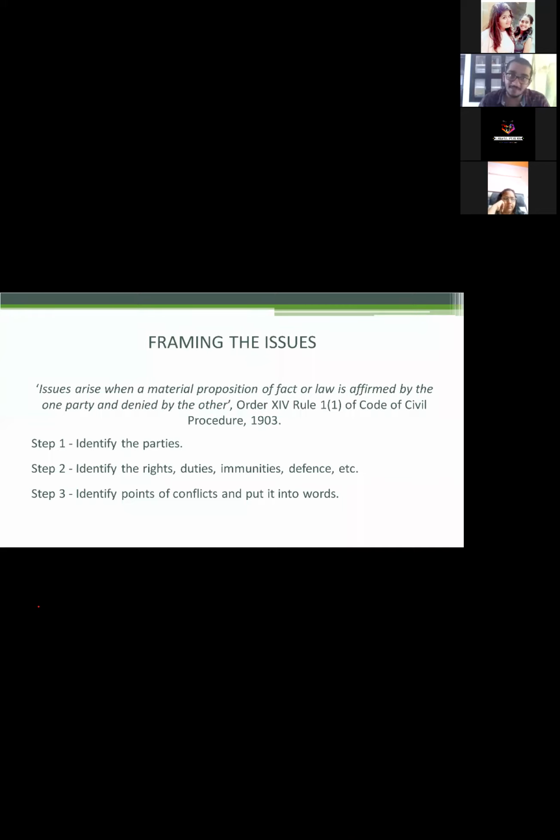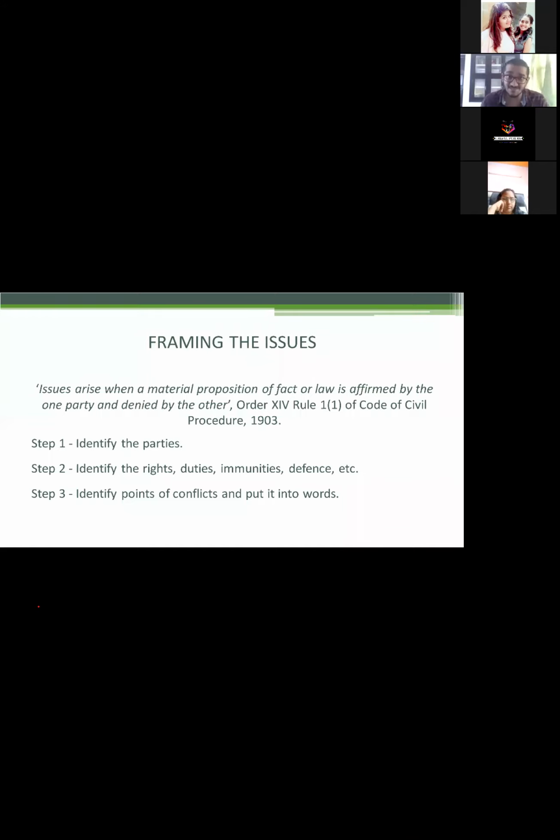And at that point, you cannot raise an issue about locus standi, because it won't be a valid point of conflict in law, because a public interest litigation can be filed by any person when it is touching the interest of the public. So that won't be relevant. What is important is you have to identify the point of conflict in these rights or duties between these two parties that is relevant in law. And when you identify all these points, that is when you have the issues.